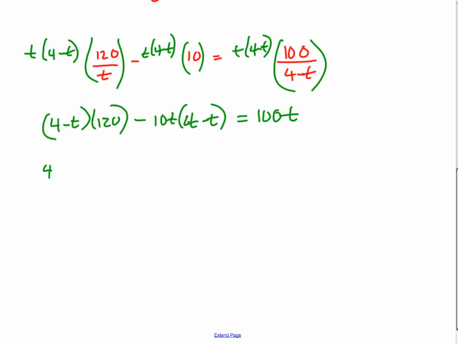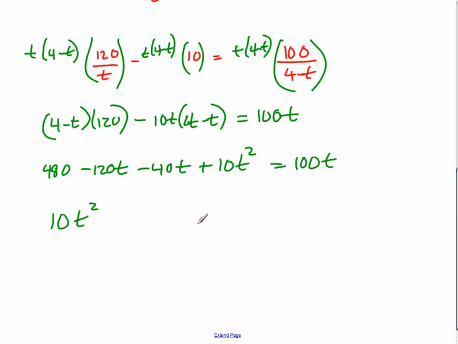120 times 4 would be 480 minus 120t. Now I'll take this and multiply it through. Make sure you are careful with that minus. So minus 10t times 4 would be minus 40t. Minus 10t times a minus t would be a positive 10t squared equals 100t. Now, since I've got a quadratic, I'm going to bring everything over to the left-hand side and write it in decreasing order.